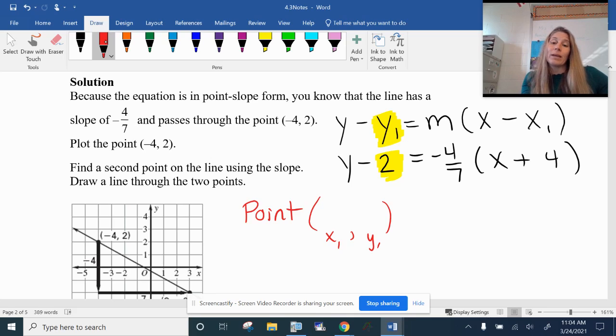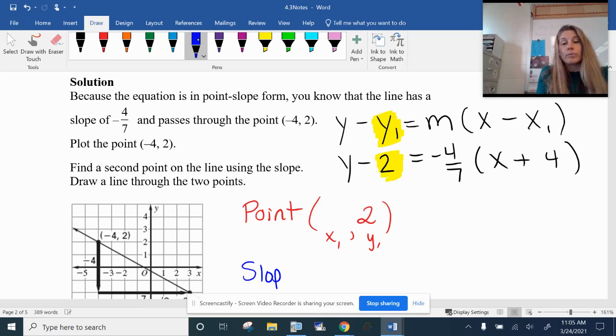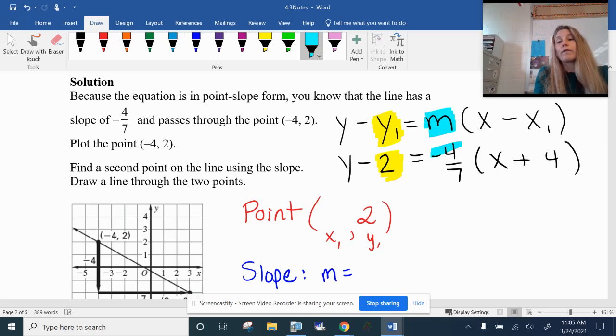And in this example, we can see that we're subtracting a 2. So the y1 is just going to be positive 2 because it's what's being subtracted. Then the slope is pretty easy to identify because it's just going to be that value that's in front of the parentheses, and whatever the sign is, it is. So the slope here is just negative 4/7.